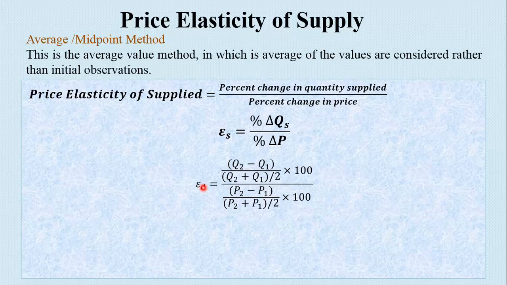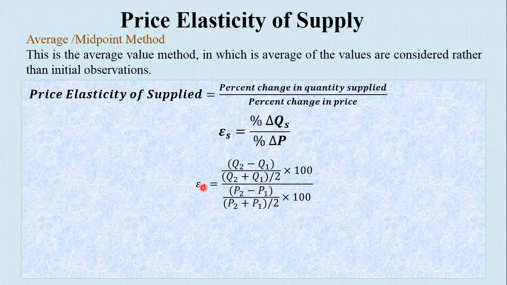So we can write over here Q2 minus Q1, delta Q, divided by the average of the two quantities, Q2 plus Q1 over 2, multiplied by 100.